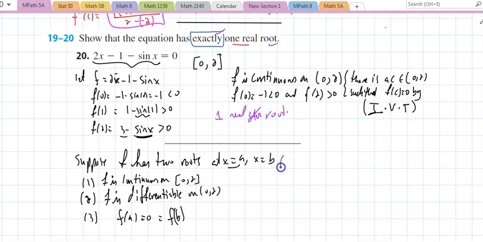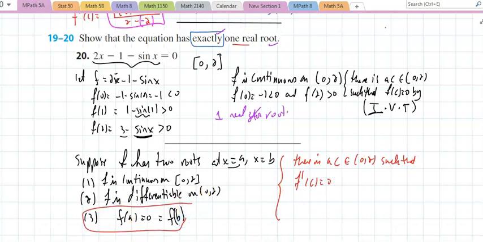So what do we conclude out of those right here? We conclude that there is a c belonging in the open interval such that, and here I'm going for Rolle's theorem, f prime of c equals 0, right? I satisfied the third case. Well, what's f prime?